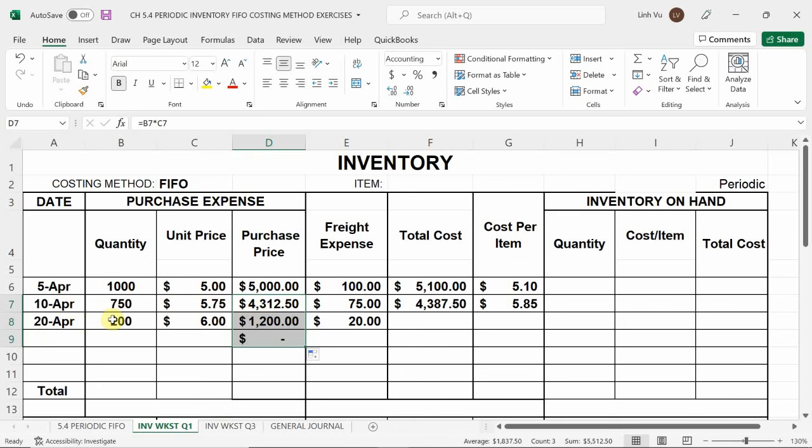It calculated whatever 200 times $6 is. And because I brought it all the way down to the fourth one, anything I enter between the quantity and the unit price is going to automatically calculate this for me, right? And you can do that for any cell that you put a formula in, okay? So for example, let's go ahead and do, what is the total cost of this batch of inventory here?